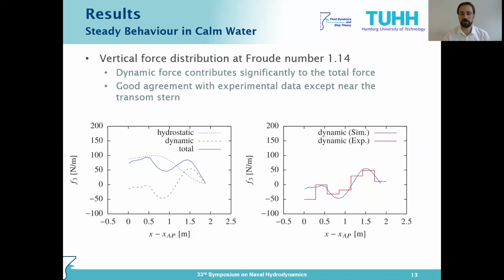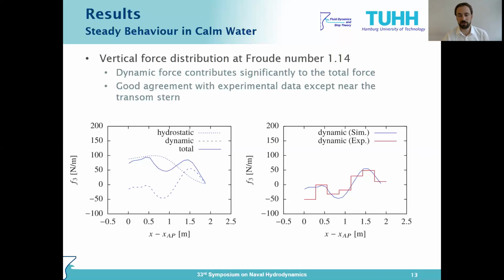And in the right plot, the distribution of the dynamic force is compared to the experimental results obtained using the segmented model. The red lines are the experimental values, and the blue line corresponds to the simulation results obtained using the presented method.